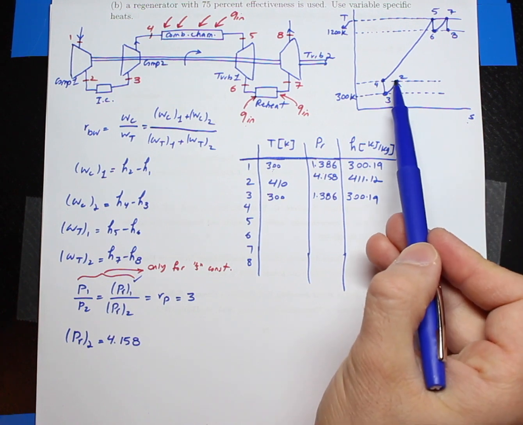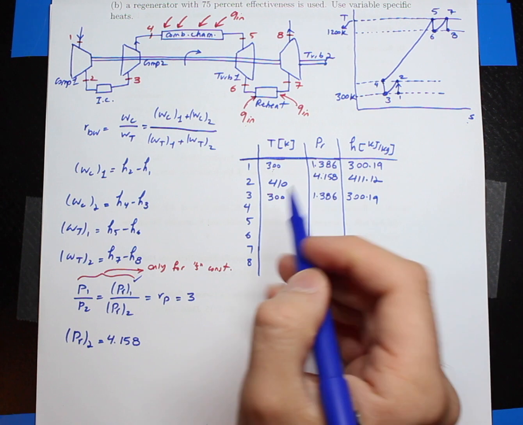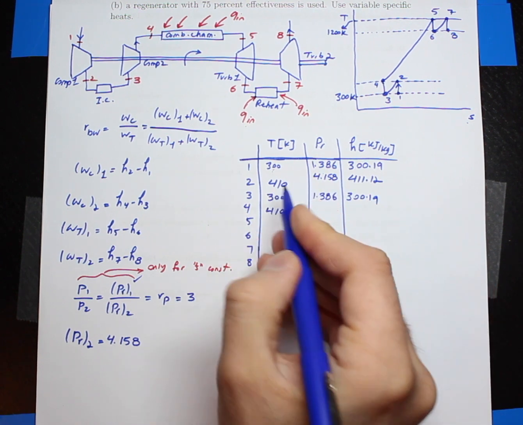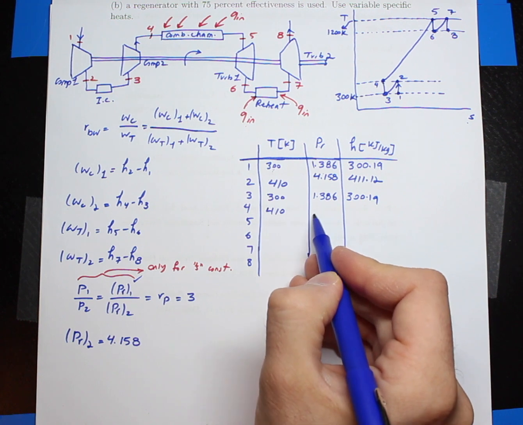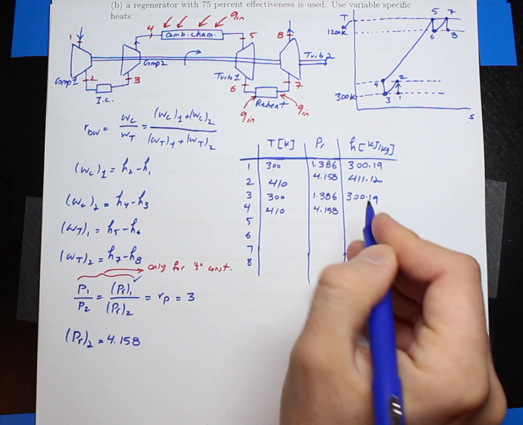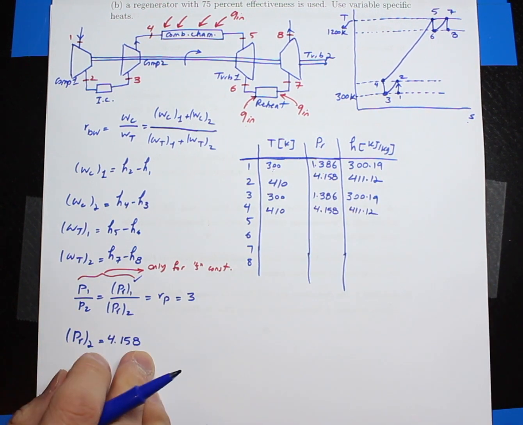Likewise, points 2 and 4 are the same. They are both states after the compressor. So for state 4, I can say the temperature is 410, which is right here. The relative pressure is 4.158. And my H value is 411.12.